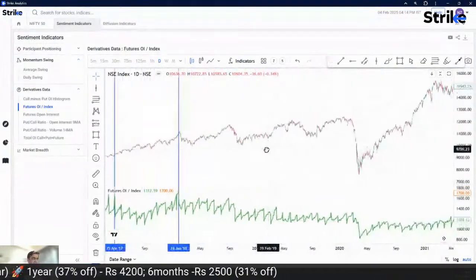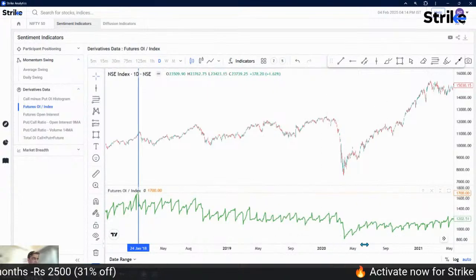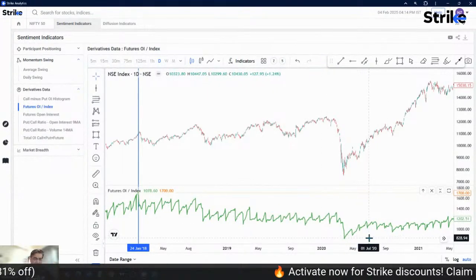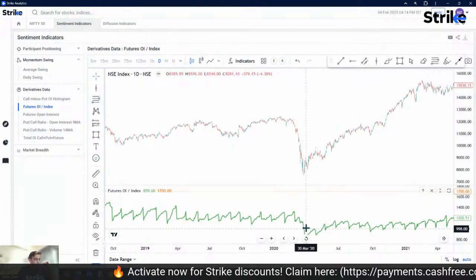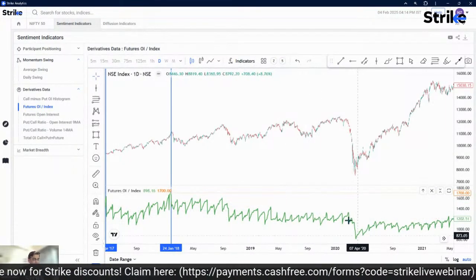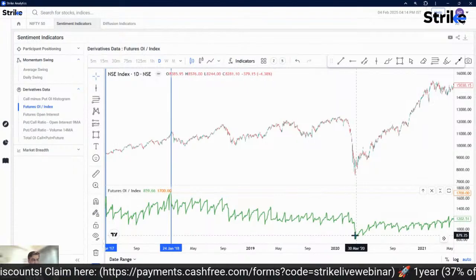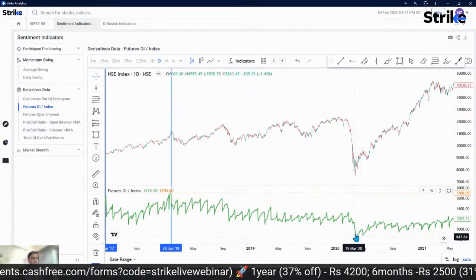This seems to be ever increasing, but yes, this will work as a kind of long term indicator. After the COVID crash, this futures OI divided by index level went down to a lower extreme, and that made a bottom.